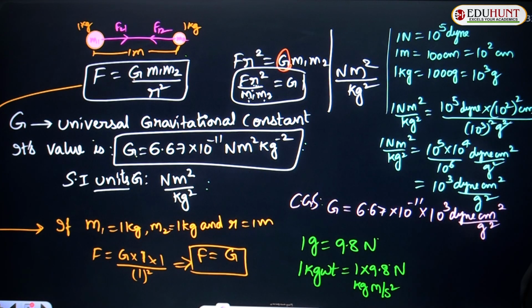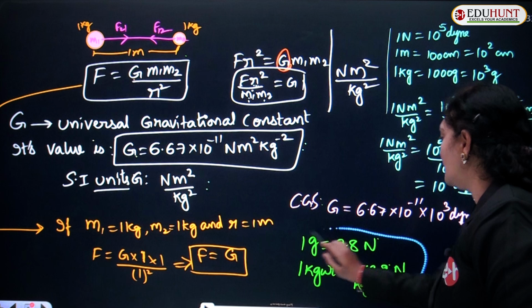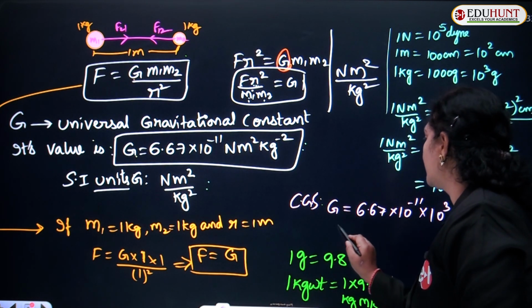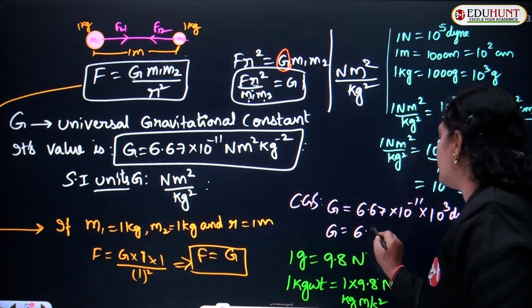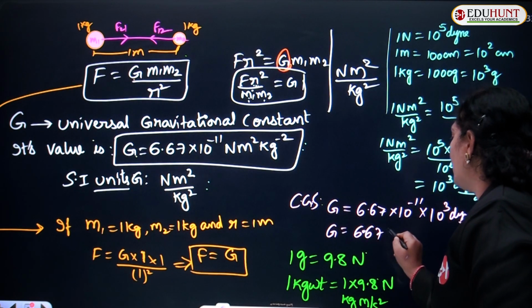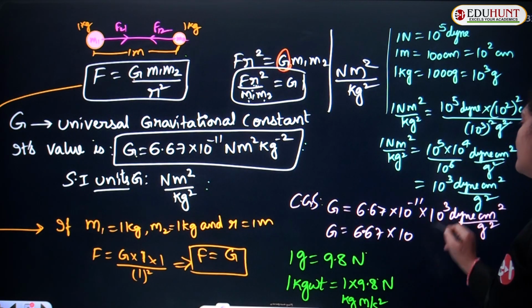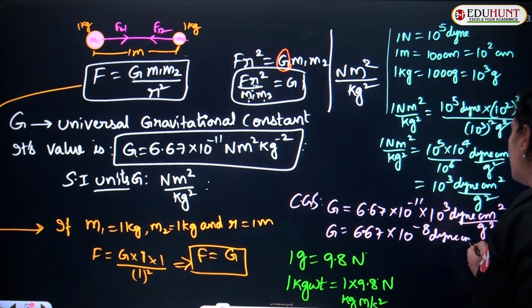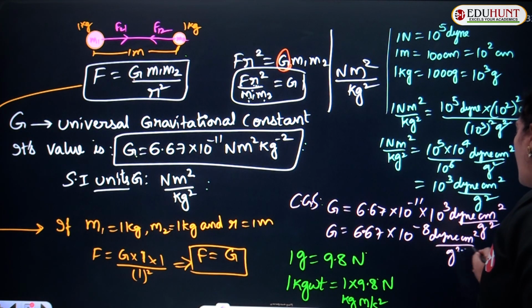Minus 11 plus 3 will give you a result of how much is that, children? So, the value of G in CGS system is 6.67 into 10 power minus 8 dyne centimeter square per gram square.